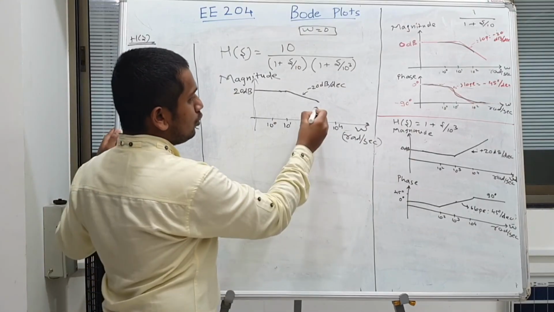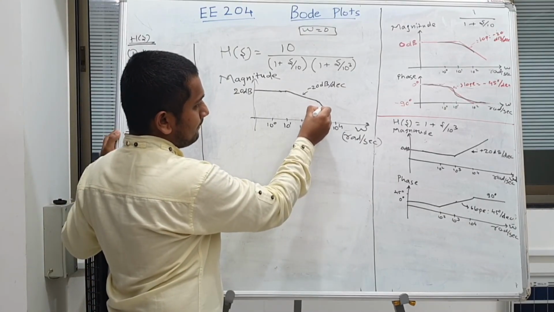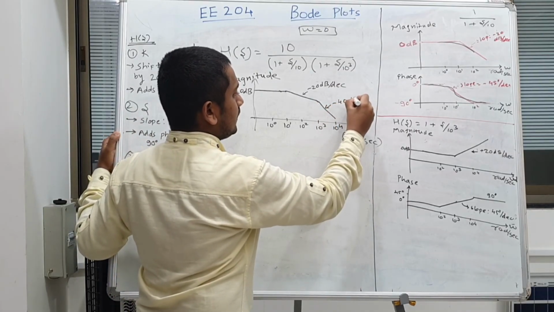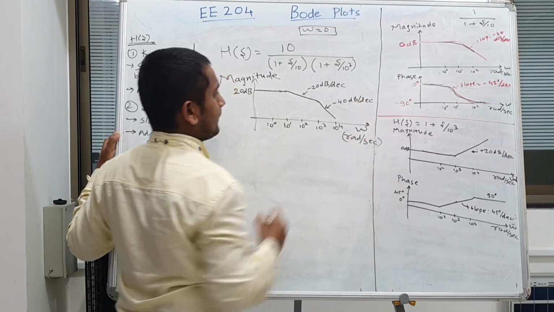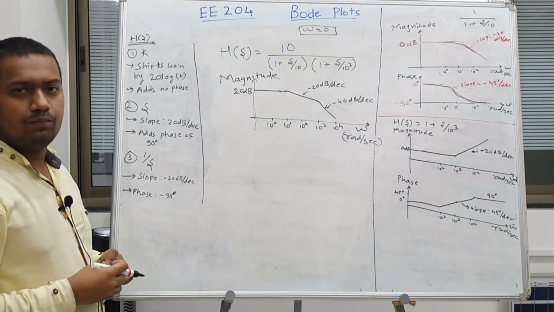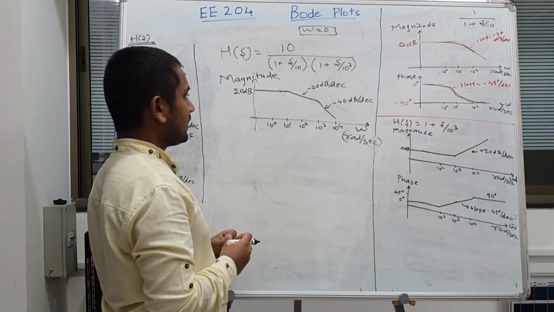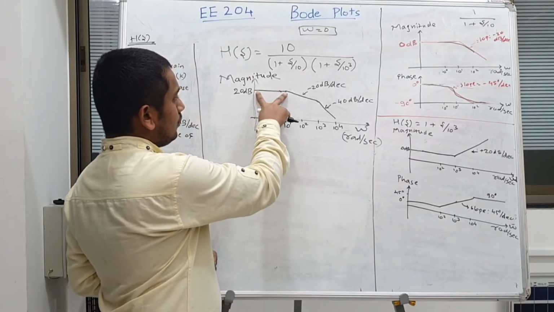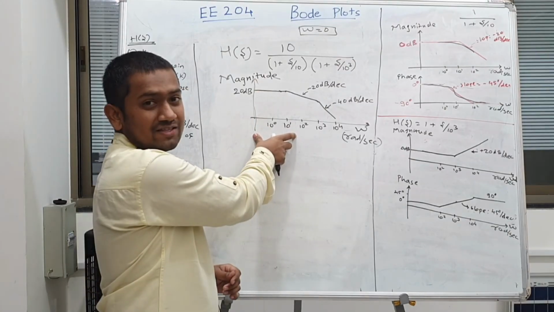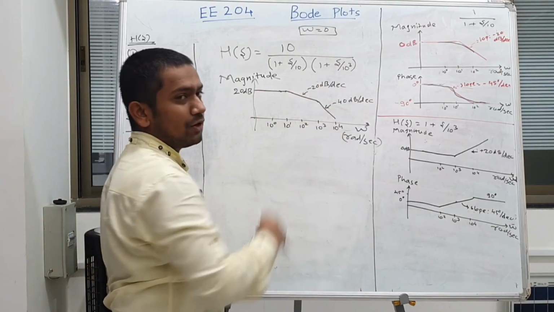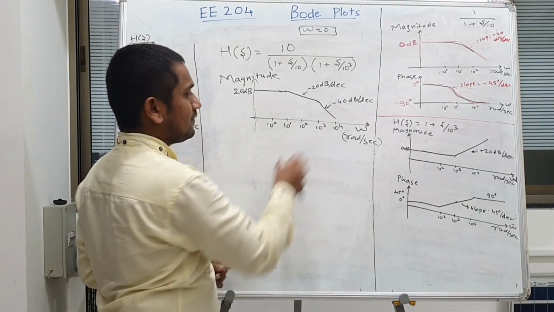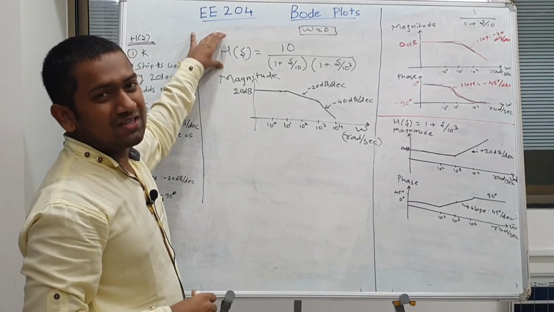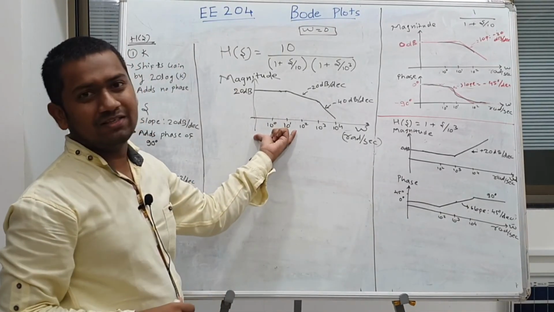Therefore, the new slope will be minus 40 dB per decade. From this graph, we can say that this system H of s is giving a good gain for low frequencies and it is giving an attenuation at a higher frequency. Therefore, we can call this system a low pass filter, which is passing low frequency signals.